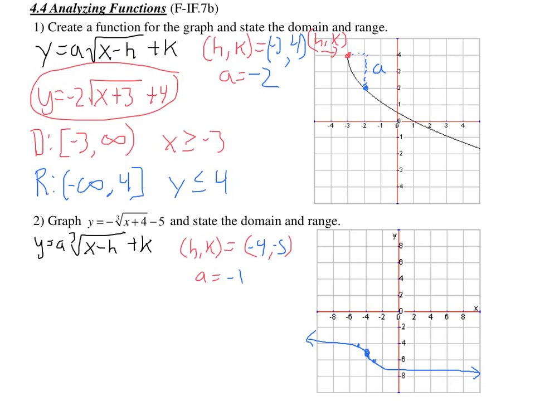If this was a positive a value, do you understand it would look kind of like that? Hopefully. Now, domain and range is kind of pathetic. Think about why domain and range is, like, too easy. What's your domain? Everything. What's your range?